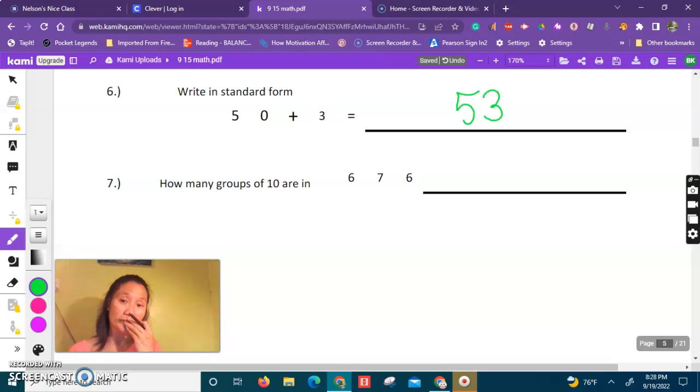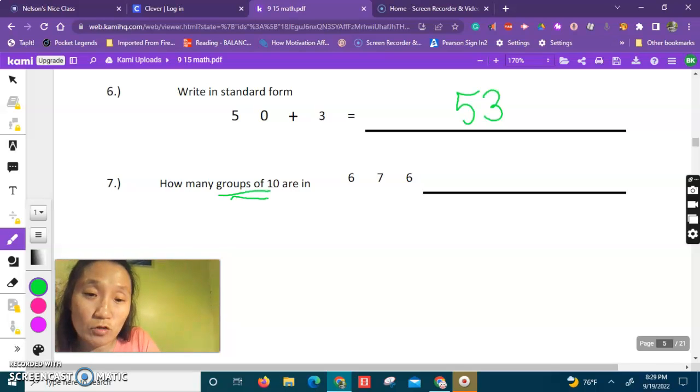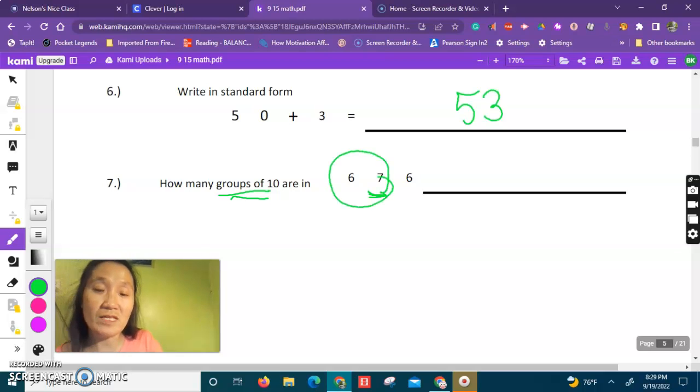Now this is asking you how many groups of 10 are in 676. We are looking at the tens place. Then we circle the 7 and everything in front of it and behind it.